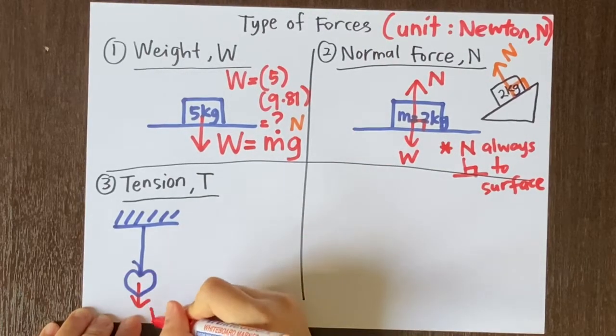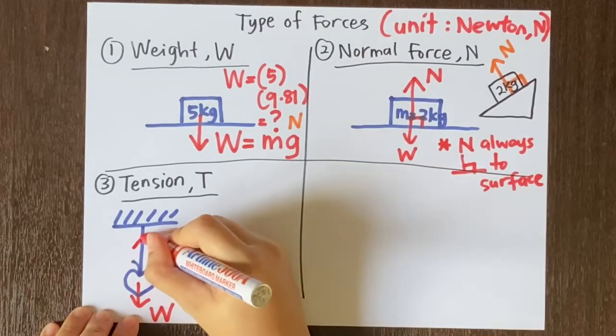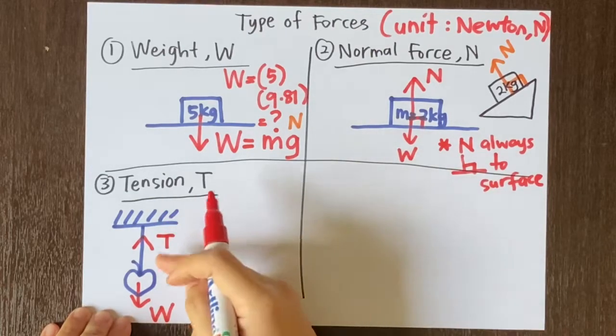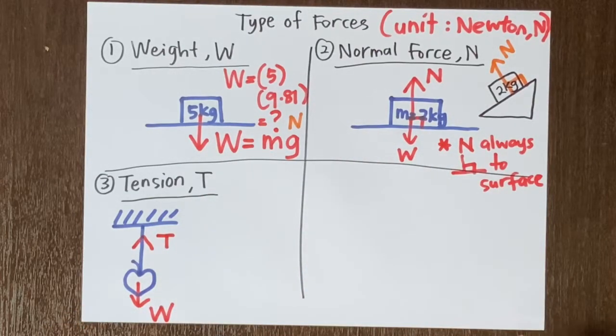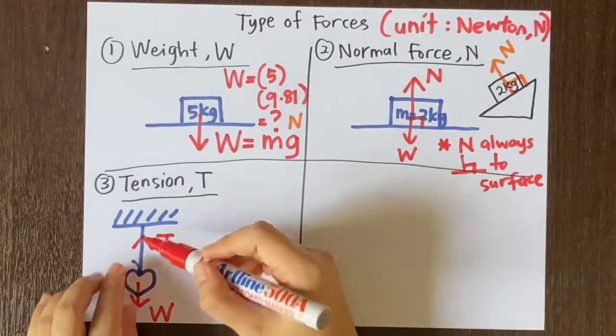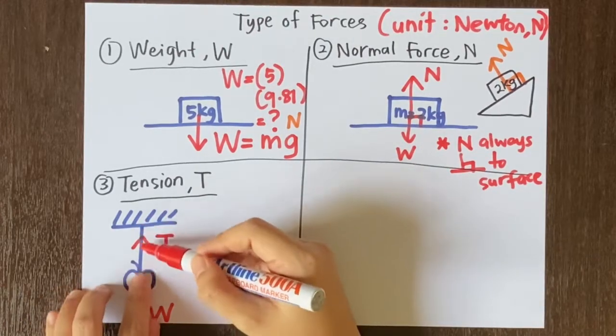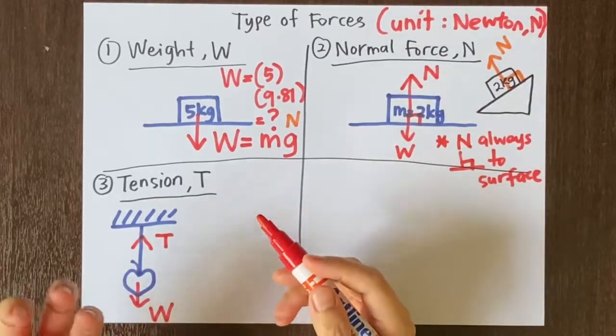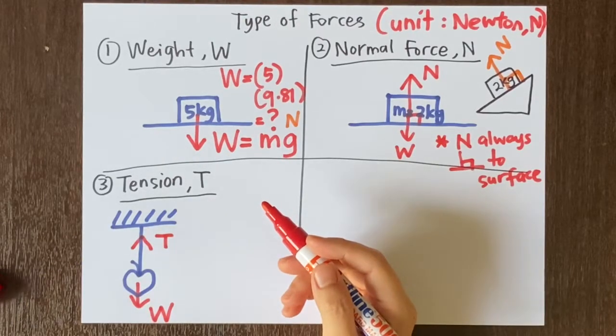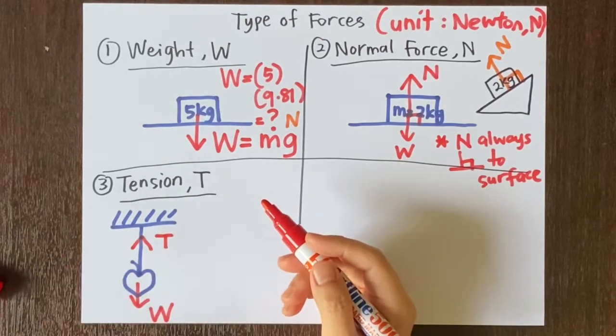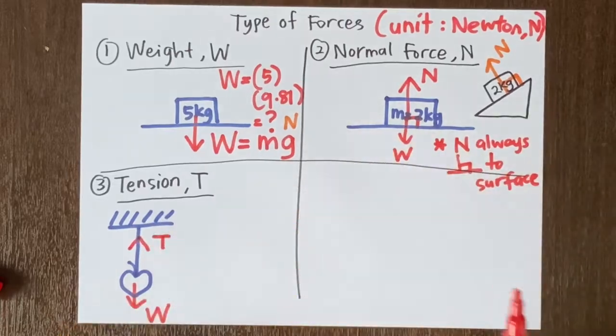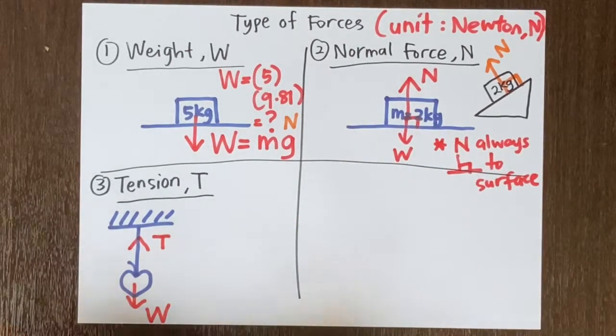Downward is weight. Where's the tension? Tension will be opposite to the weight of the object. Because there will be stress in the string, with the object pulled down by gravity, there will be tension upward.